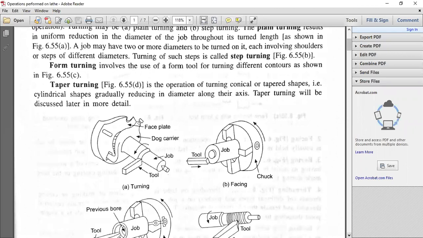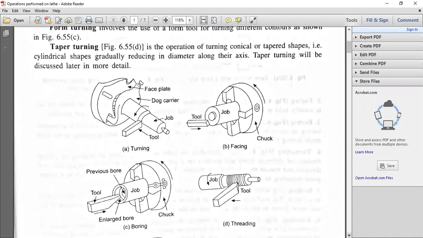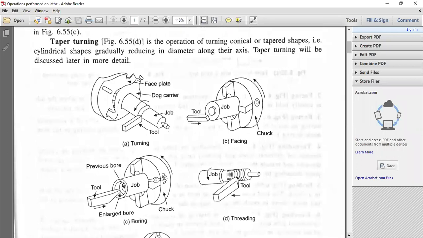We have other operations also. We will come to these diagrams later because we have the boring operation and the threading operation also. So what is boring? Boring is enlarging a particular hole. A drill hole is already there. If you want to enlarge a hole from 20 mm diameter to 25 mm diameter, it is the enlargement of the hole. This is the boring tool, and this is the previous bore.